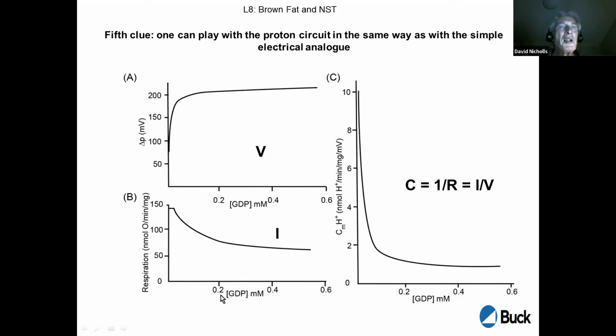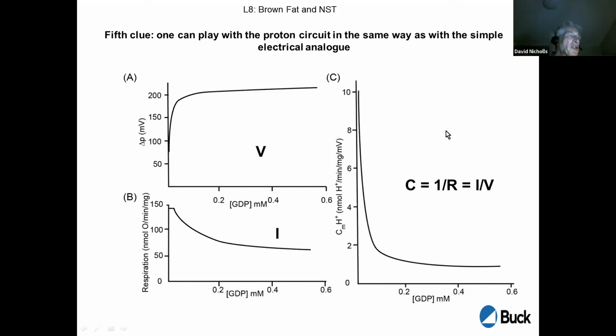And then you can start titrating in the inhibitory nucleotide, GDP. And as you do it, the voltage across the membrane increases, the current, the respiration, decreases, and applying Ohm's law, you see this beautiful hyperbolic relationship of the conductance of the unknown conductance pathway as a function of GDP concentration.